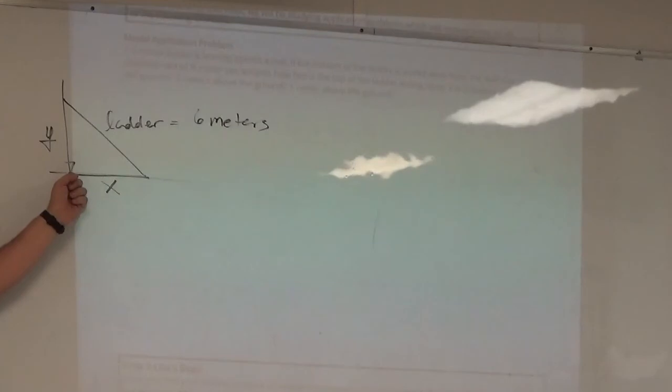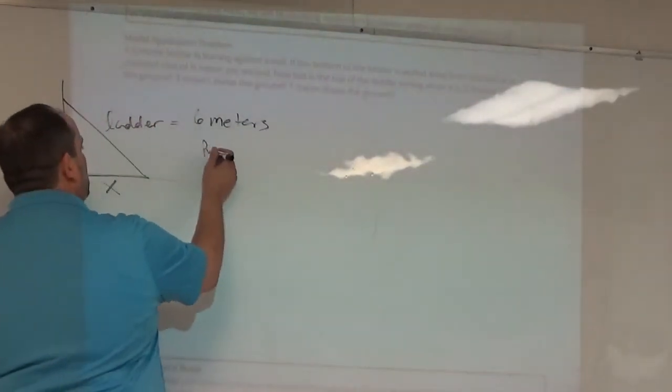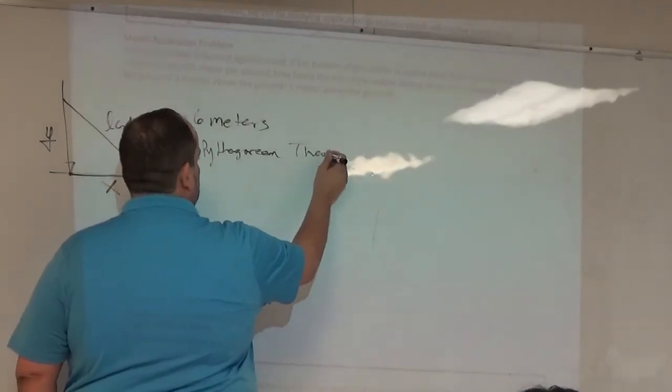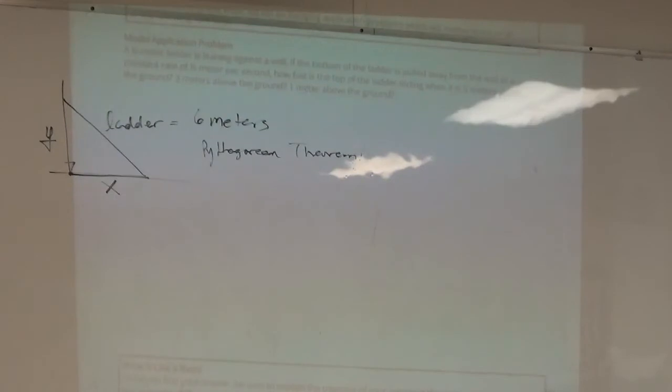But if you think like a geometry student, there's something here that is always going to be true. Diego, I heard you say it. What's the thing that's always true here? Pythagorean theorem. What does the Pythagorean theorem tell you? A squared plus b squared equals c squared. You're right. It would be nice, however, if you could use my variables.